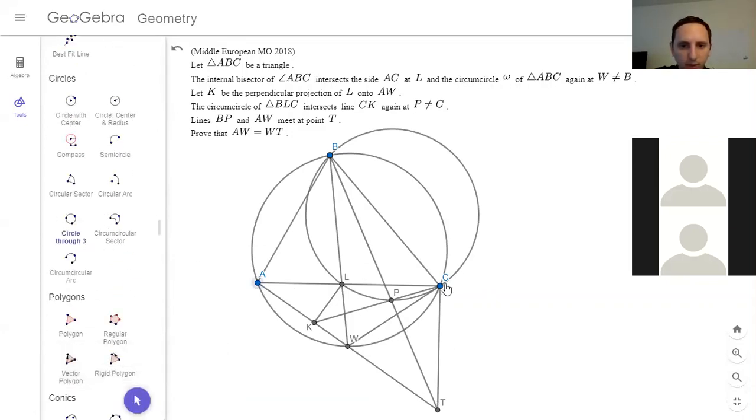Let's see, maybe we could. Yeah, we have an angle bisector. We know that angle ALK is 90, so it's the same as showing that KLCT is cyclic.